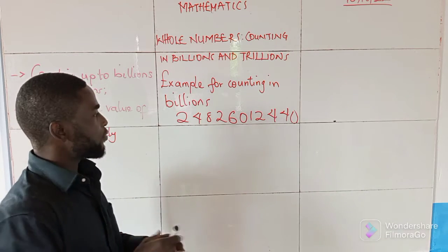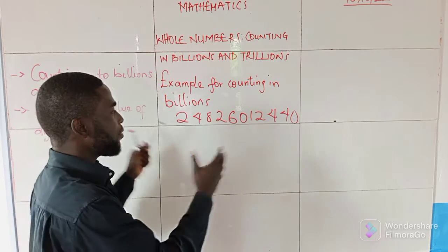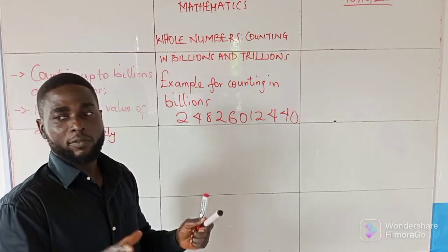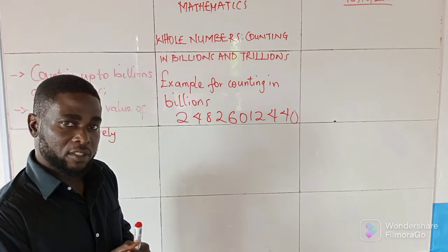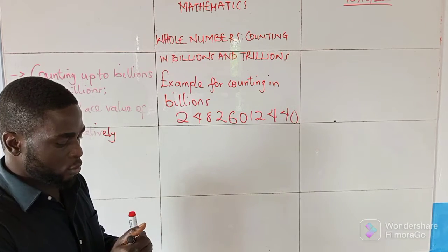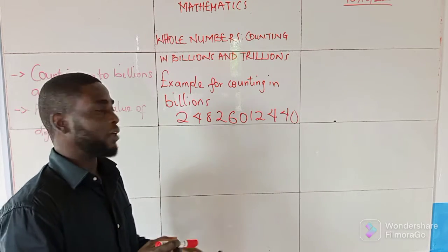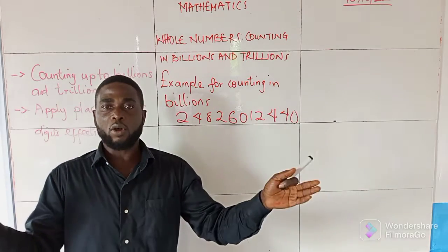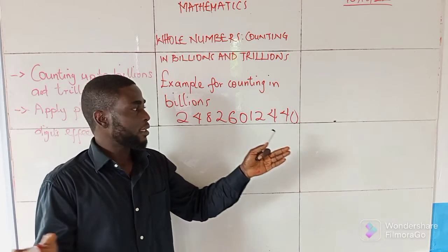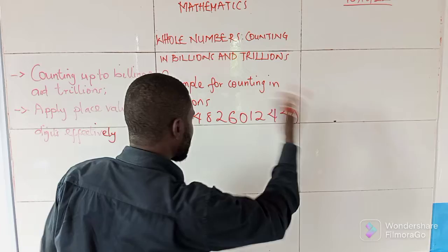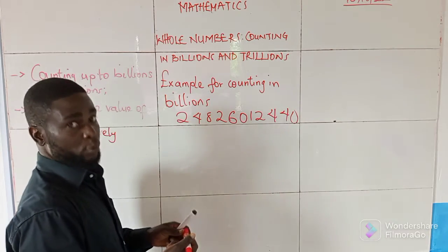So grouping involves splitting this large number into small groups of three digits. In a bid to do that, we must count from your right to the left, in groups of threes.